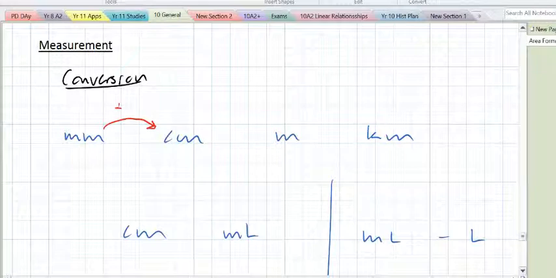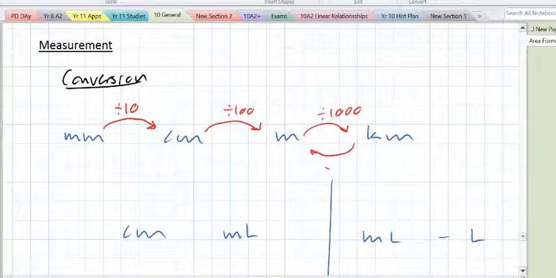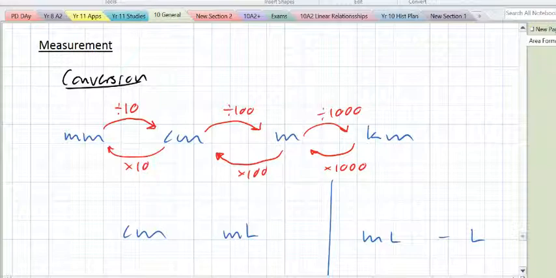And then it's 100, and then 1,000. And then times 1,000, times 100, and times 10.